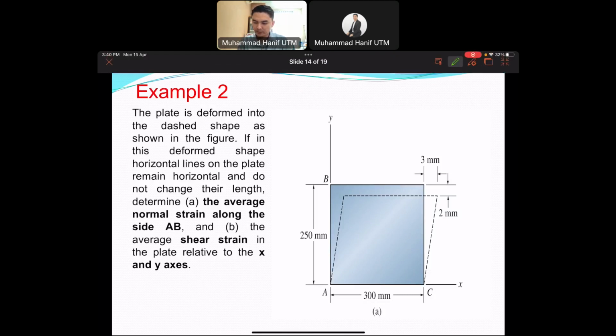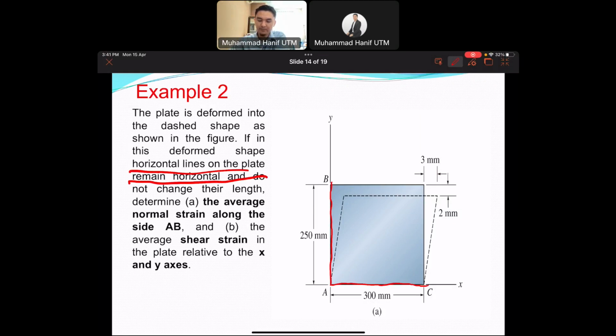So the thing is that in this deformation, the horizontal line on the plate remains horizontal. The horizontal line here from A to C remains unchanged. The changing part is only the vertical line, the AB line.